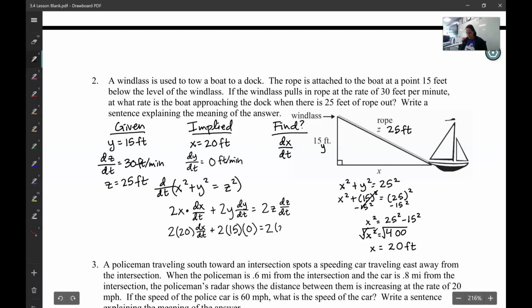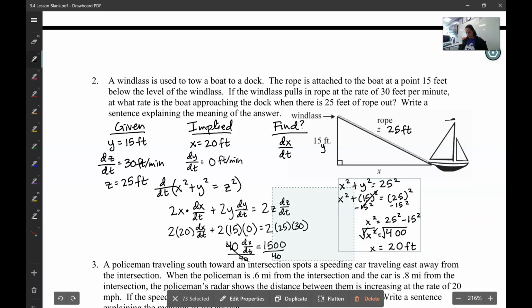2 times z is 25, dz/dt is 30. Okay, let's simplify what I know. I know this is going to be 40 dx/dt equals 1500. So I can divide by 40. And here, I'm actually going to move all this stuff over to here.